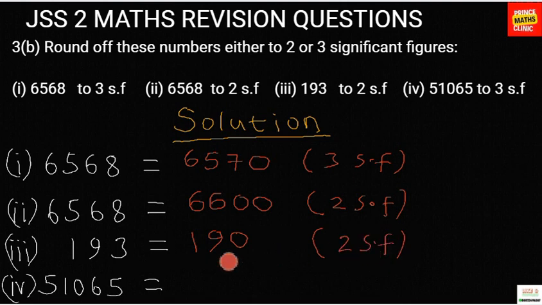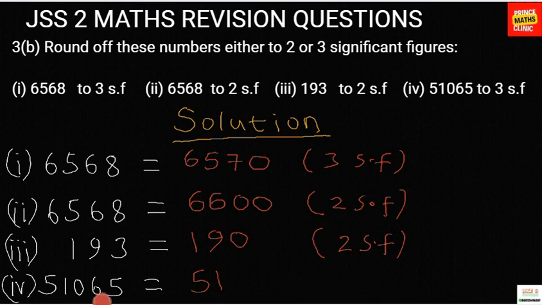Then we are asked to convert this to 3 significant figures. The first one is 5, which is significant. 1 is the next one. This 0 is significant because it is in between 2 significant numbers. But fortunately for it, the number after the 0 is more than 4.